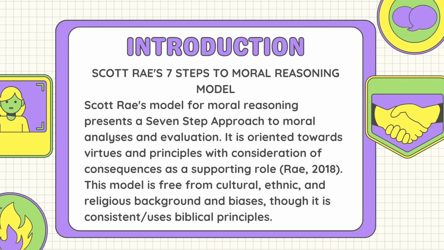What's more important about this model is that it is designed to be free from cultural, ethnic, or religious biases, meaning it can be applied universally in different contexts. This model will also help us think critically and act ethically regardless of our personal or cultural biases.